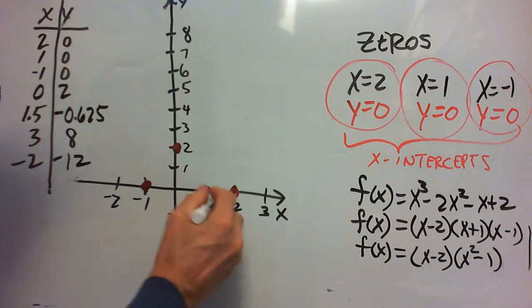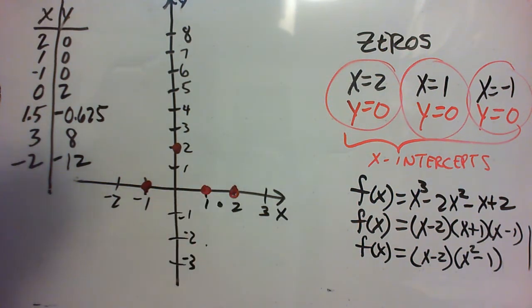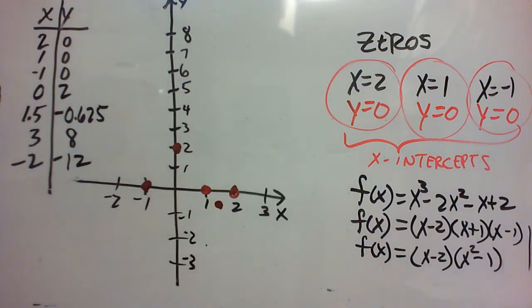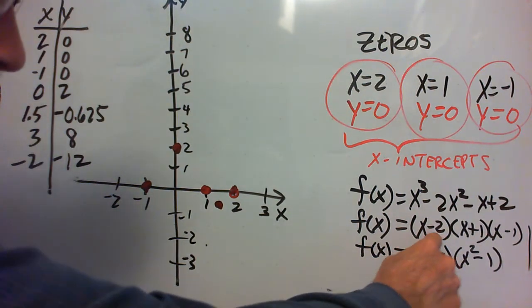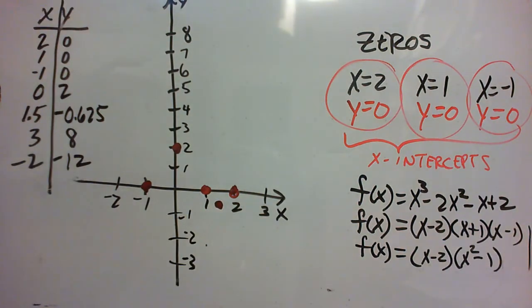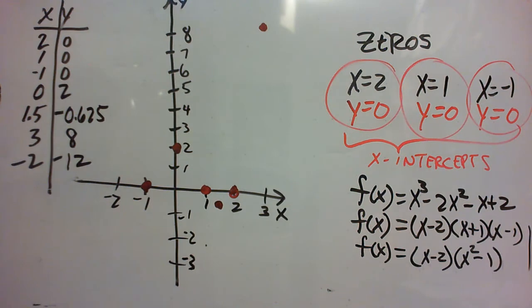So at 1.5, it dips below the x-axis a little more than a half. 3, when we plug it into the factored form, we get 1 times 4 times 2 is 8. So 3 gives us the point, or the y value, up at 8.